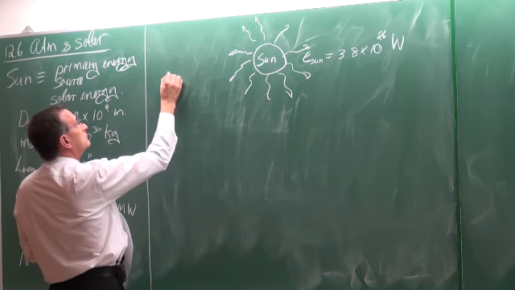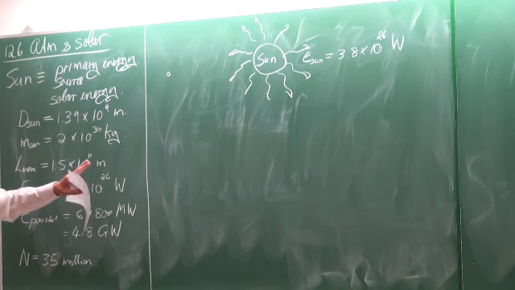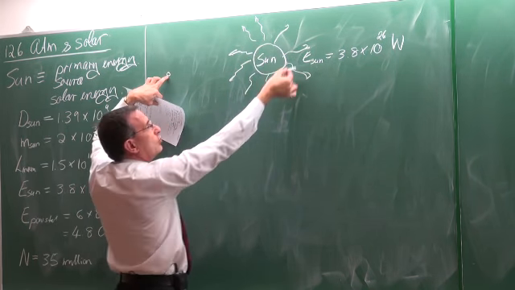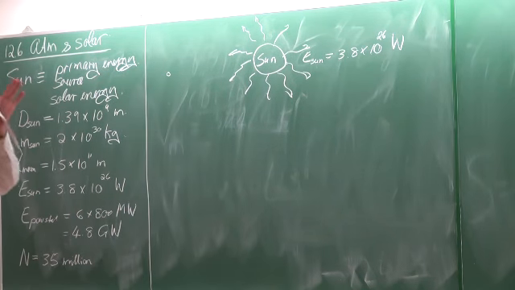Now the Earth, if that is the Earth, and obviously it is not to scale, would not receive all the radiation being radiated in those directions. It would only receive a small amount of the radiation emitted by the sun.